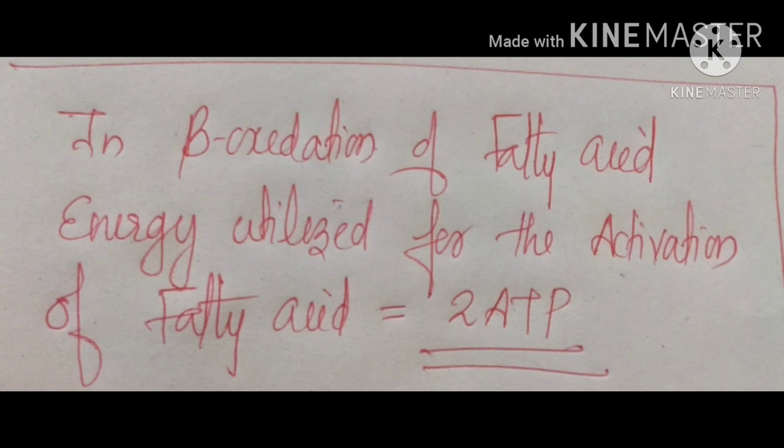As a result, that 1 molecule of ATP is converted into AMP, adenosine monophosphate. Adenosine monophosphate then again converts into ADP, and for that process 1 ATP is also utilized. So whenever ATP gets converted into AMP, it is equivalent to the consumption of 2 ATP molecules. That's why in the fatty acid activation step, 2 ATP molecules are consumed.